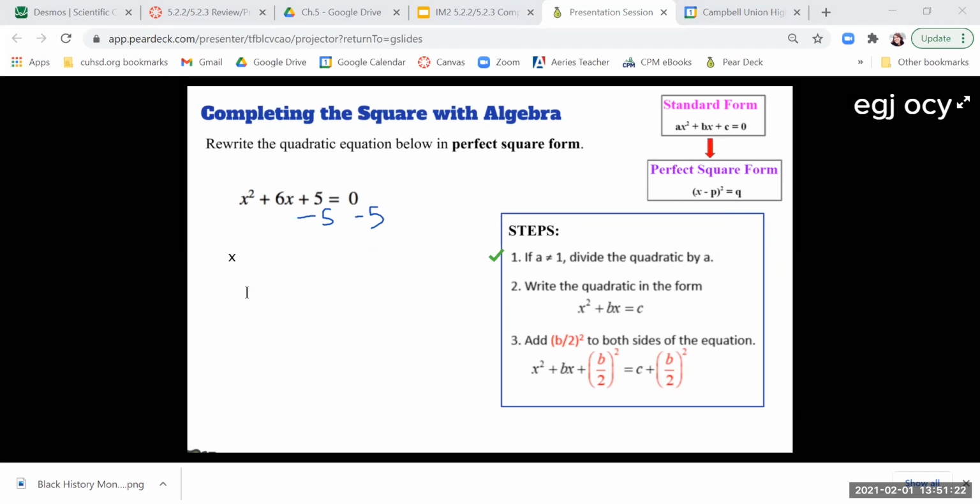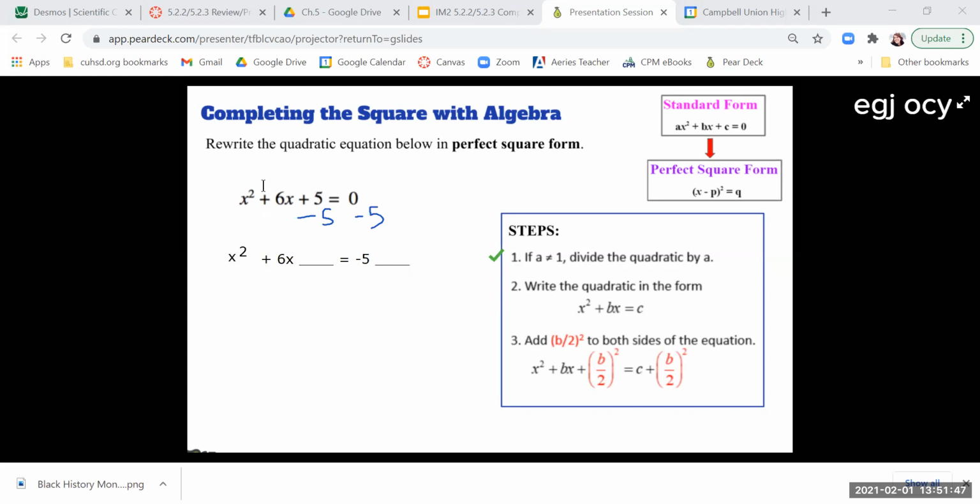I'm going to put x squared, and then I have plus 6x. And then I'm actually going to add a blank. I'm going to put a blank here. And that's where I'm going to add in the number that I want. So you have to leave a blank on both sides.